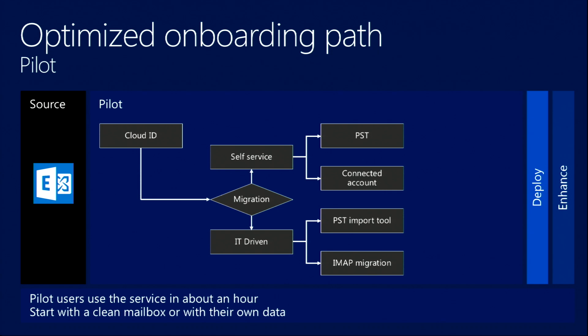Some of the things to talk about of how you're going to do your pilot migration are: are you going to actually do some self-service? So do you want your users who are in this pilot to go out to the portal.microsoftonline.com and actually download Click to Run from there? Do you want them to utilize their connected accounts so that their mailbox will actually connect back to your Exchange, pull in through POP or IMAP their mail, and be able to utilize that through Outlook Web Access?